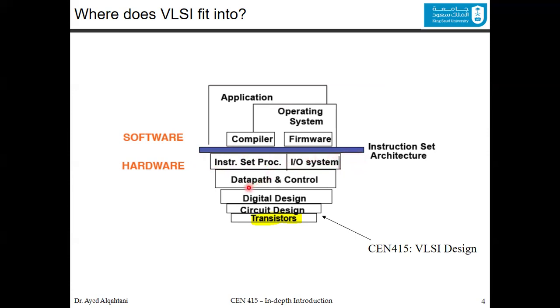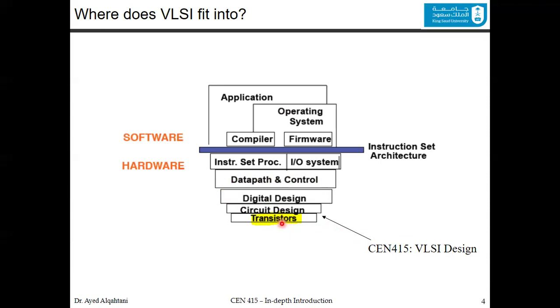And we have other courses that are designed for data path and control and digital design. Also, we have our course, VLSI design, which is focused on the transistor level, which is the level at the end of this figure.